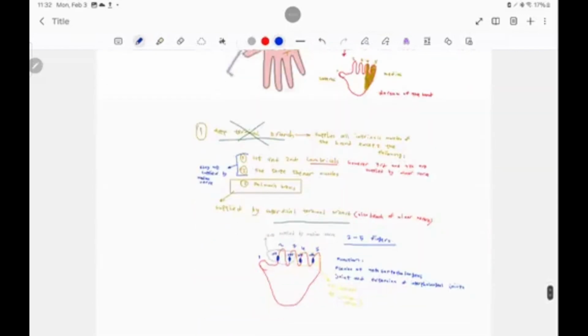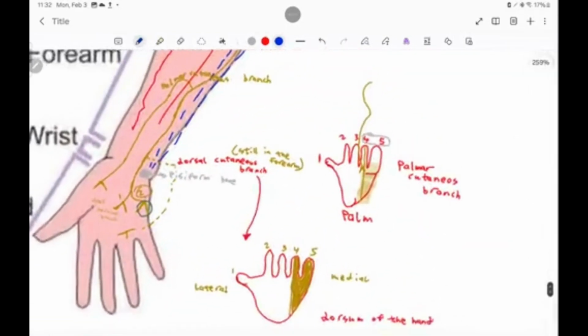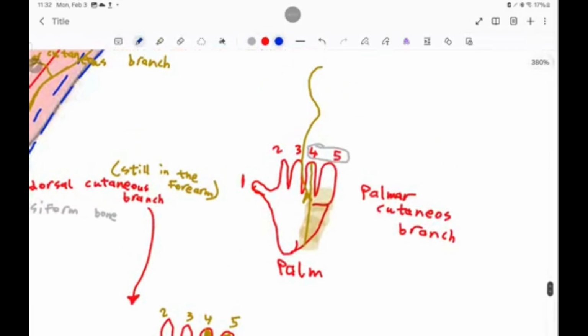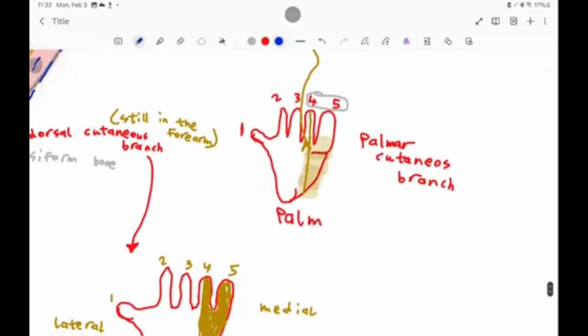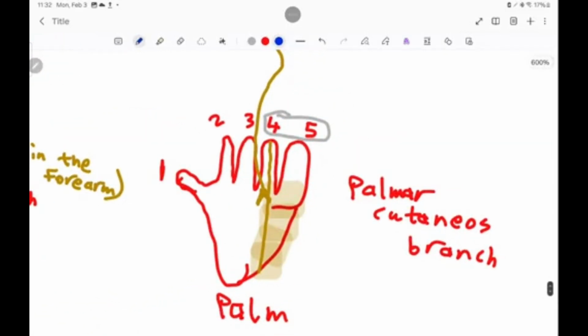Remember when we said that the palmar cutaneous branch does not supply the fingers? Then what supplies the fingers from the palmar aspect?